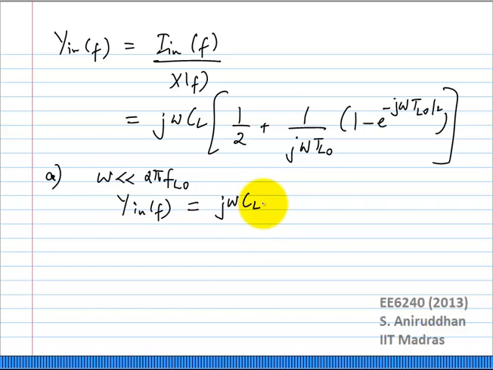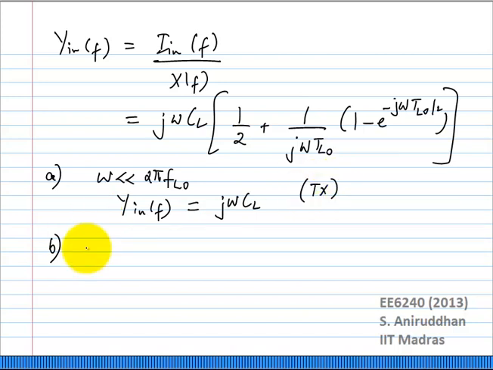So in other words, if the input frequency was much smaller than the LO frequency, the switching rate of the switch, the output capacitance just translates to the input directly. So you have a load capacitance C_L, it looks like a load at the input. What case is this? Omega much smaller than 2 pi f_LO? Upconverting mixer. Okay, correct. So this would be like a TX upconverting mixer.